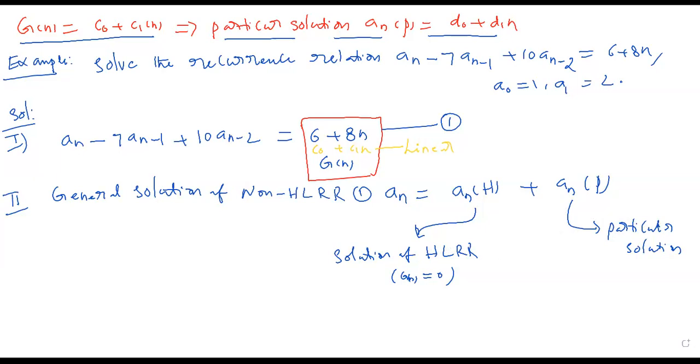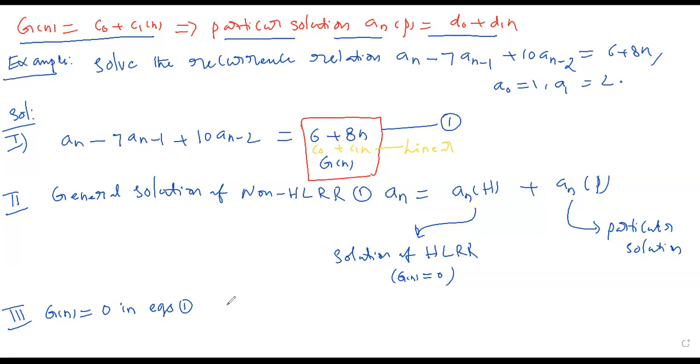First we find the solution of the homogeneous recurrence relation. Homogeneous means, as I clearly told you, G(n) equals 0. So step 3: for the first solution, homogeneous means G(n) equals 0 in equation 1, so the right side is 0.